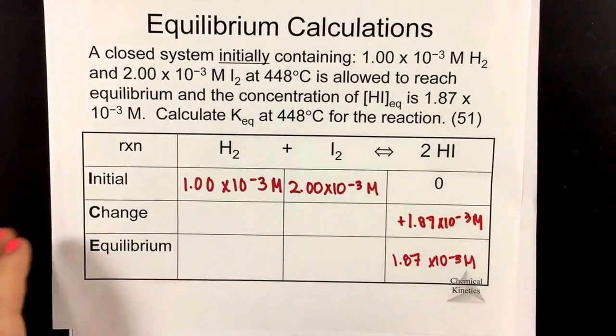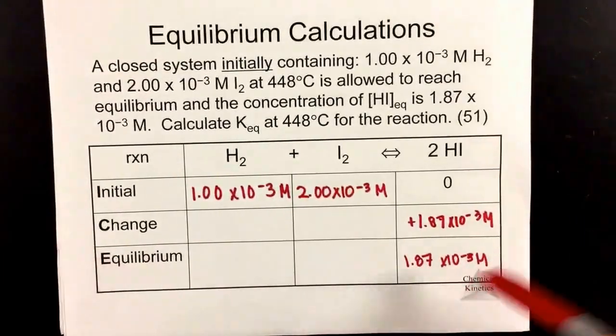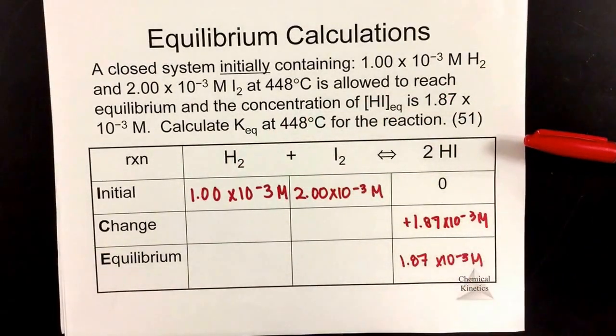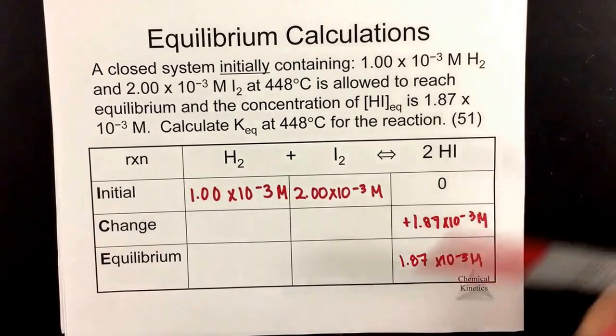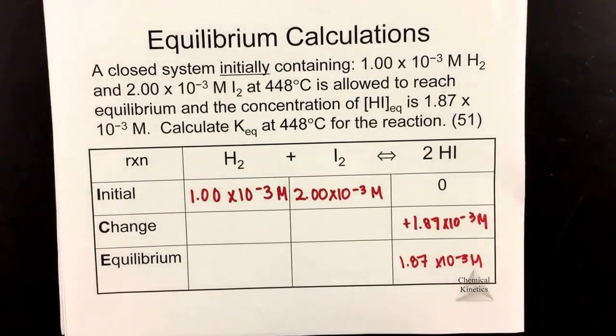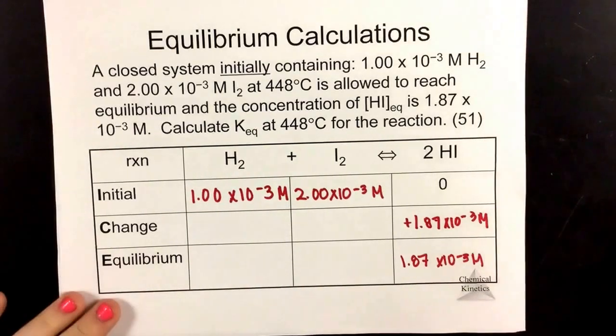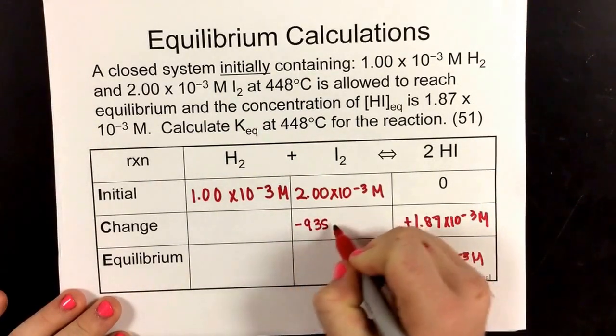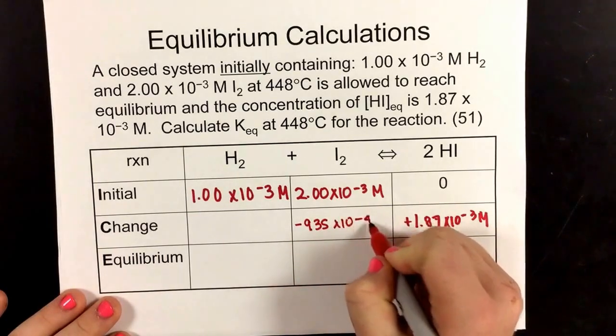From this information, you're then able to calculate the change for both I2 and H2. You have to take into account the stoichiometric coefficient of HI when doing this. And so by calculating this, you'll end up getting negative 9.35 times 10 to the negative fourth.